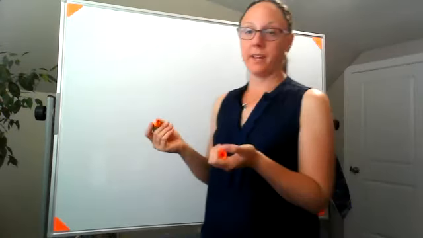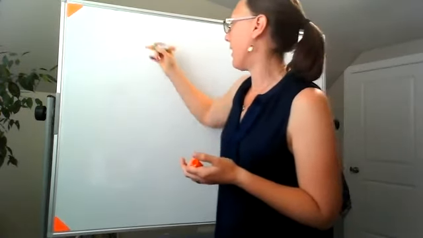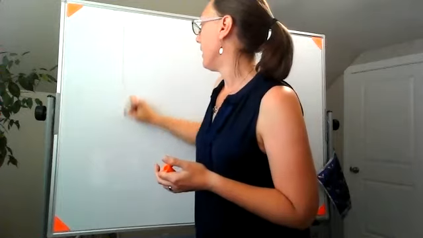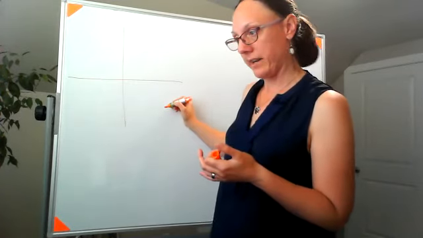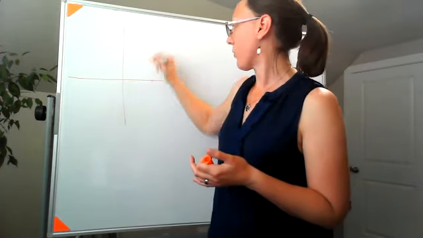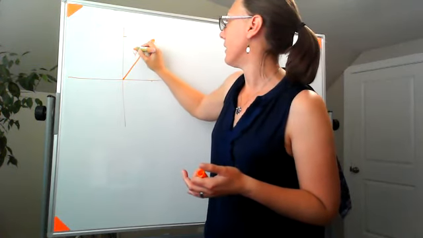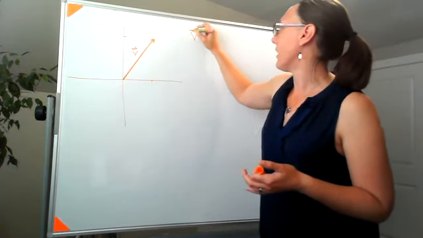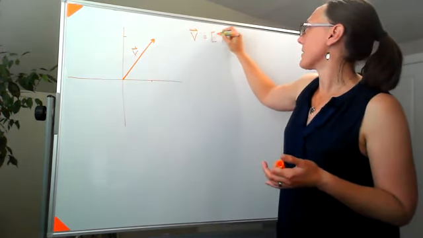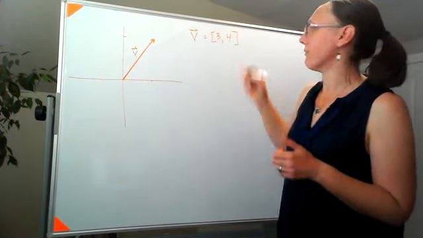So we've been given a vector v, which is 3 to the right and 4 up. So we have been given this vector v, and v is 3, 4.